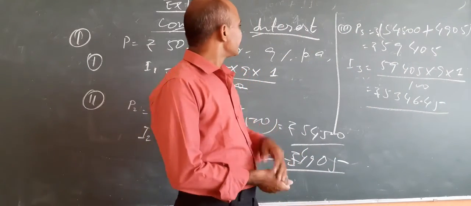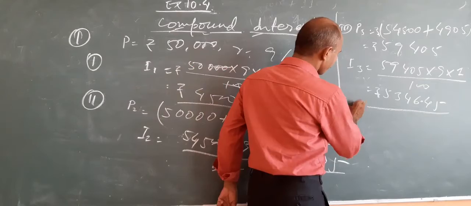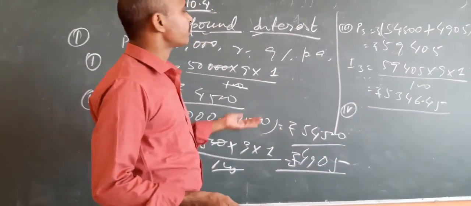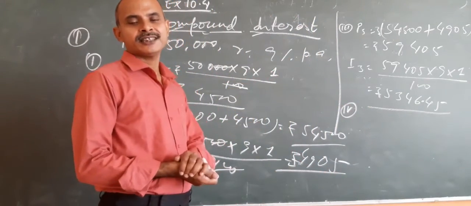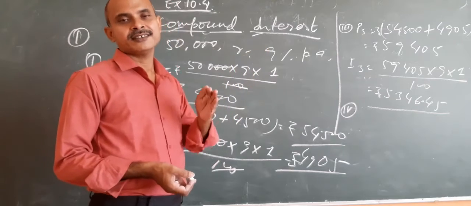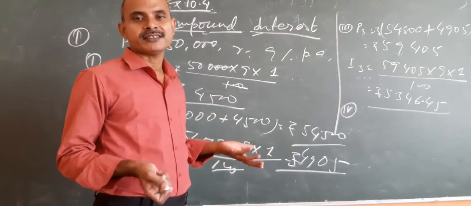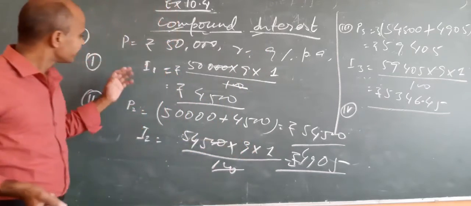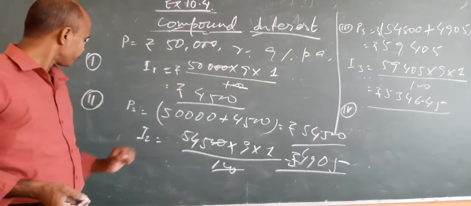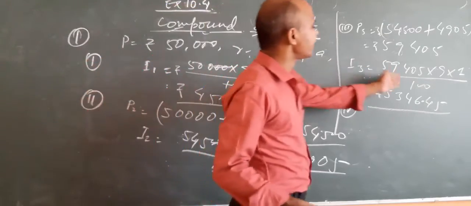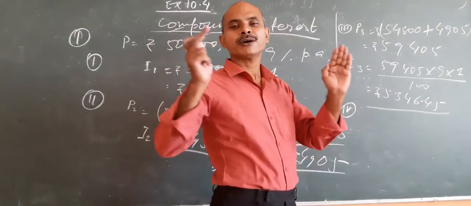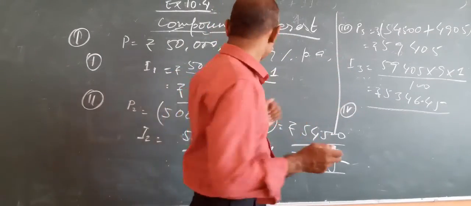Now, the next question is question number 4: what is the interest for the 3 years? It means in the 3 years, what interest has been earned. We get I1 plus I2 plus I3, the sum of all the year-wise interests.